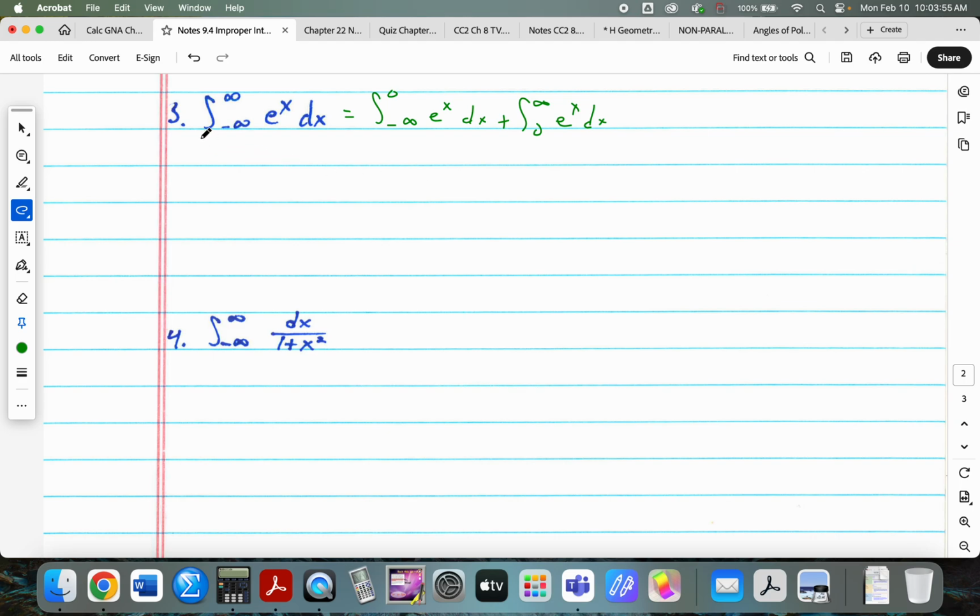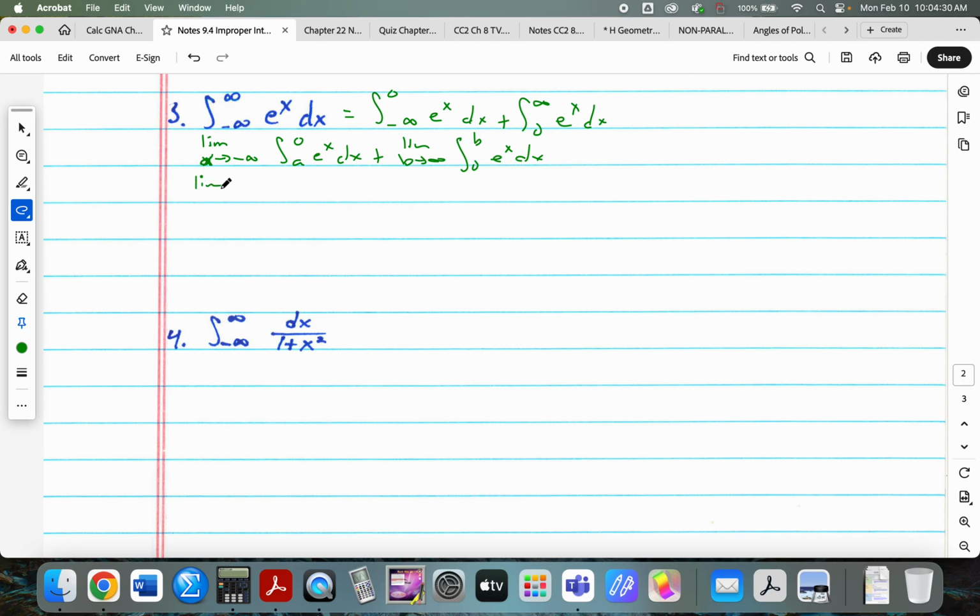So now we'll rewrite those as limits. So it'll be the limit as, for the lower limit, I almost always use a. So the limit as a approaches negative infinity, the integral from a to 0 of e to the x dx, plus the limit as b goes to infinity of the integral from 0 to b of e to the x dx.